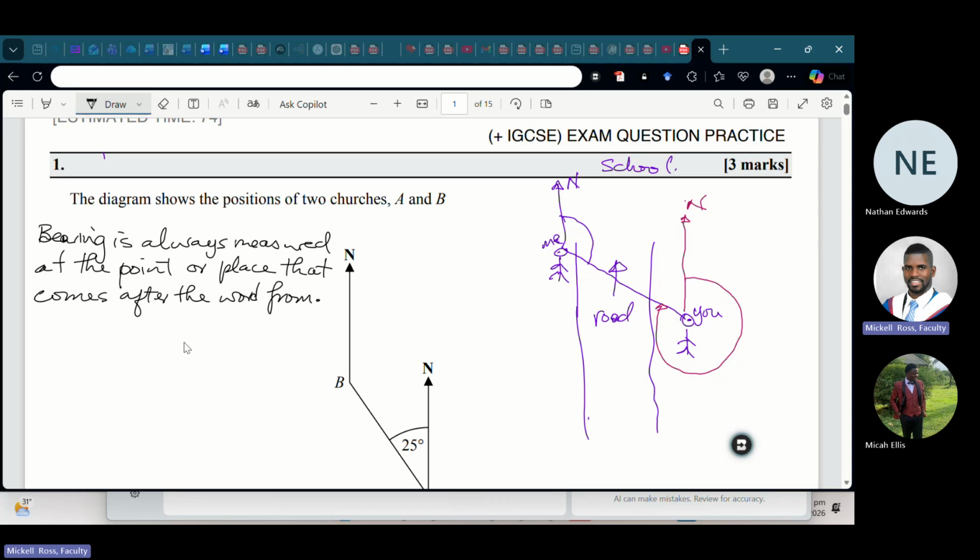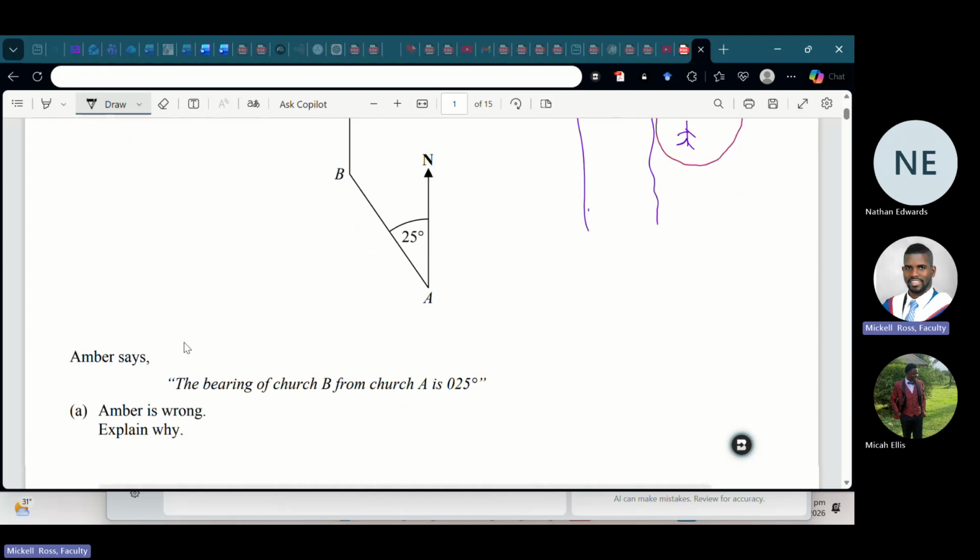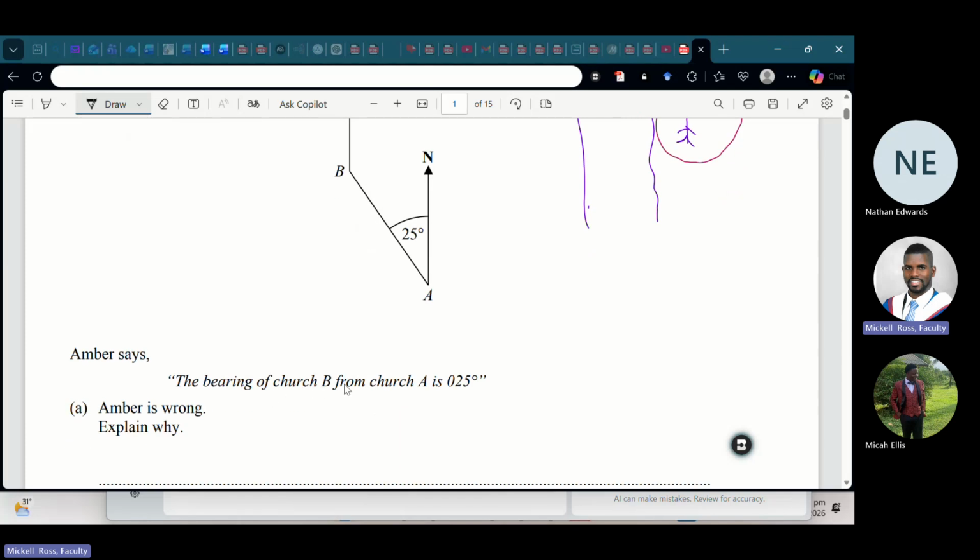All right, so bearing is always measured at the point or the place that comes after the word from. So notice this statement. The bearing of church B from church A. So notice we're going to take the measurement at church A.